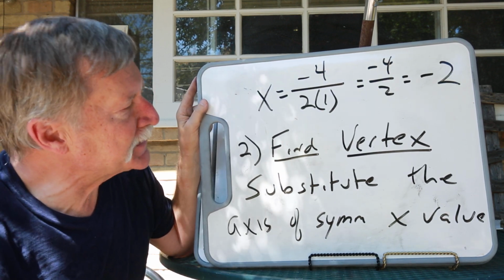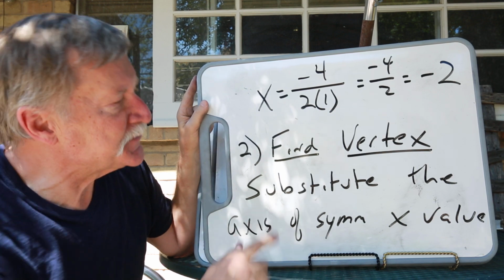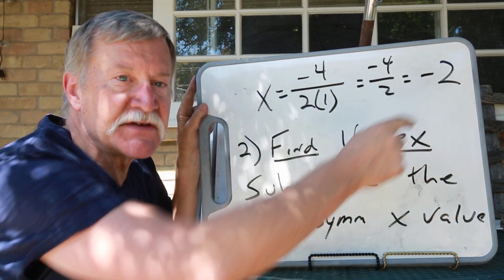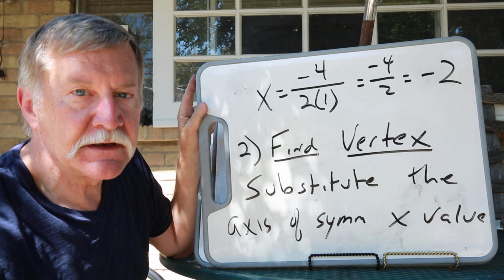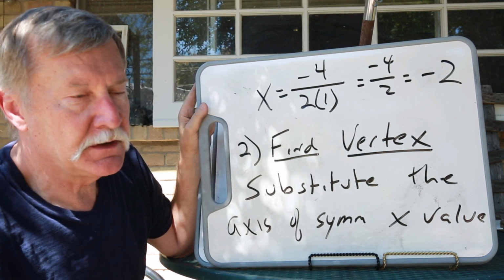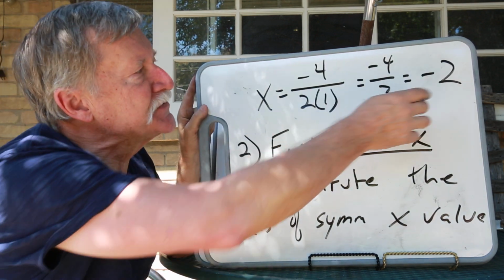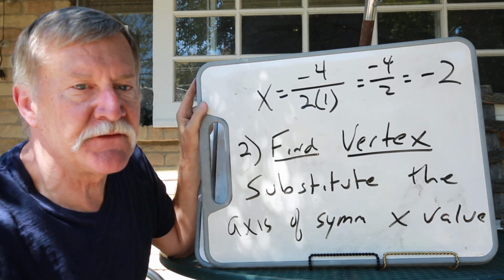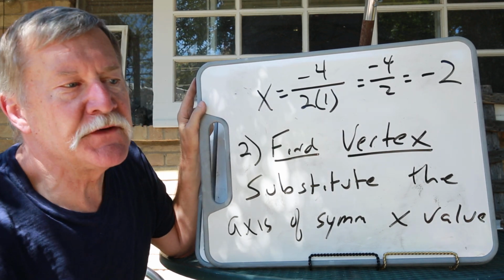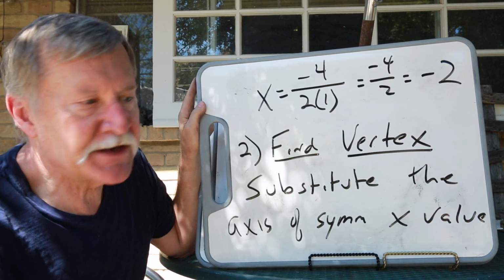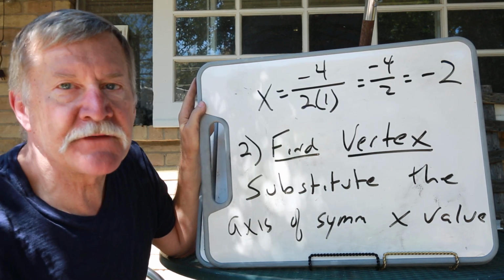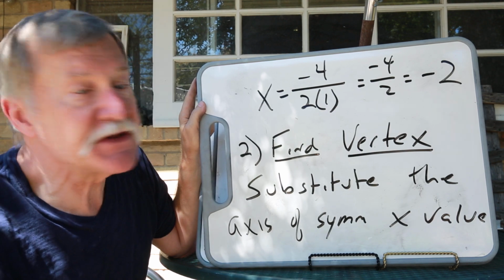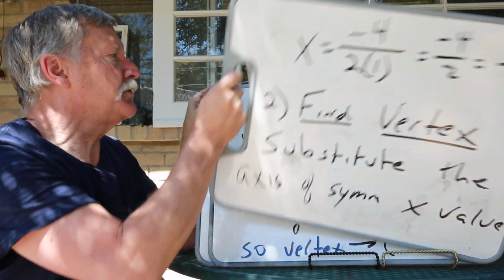So to find the vertex point, we substitute the axis of symmetry value for x into the original equation. We found that the axis of symmetry is x equals minus 2. So if we find what y is when x equals minus 2, we'll have a point that tells us the vertex.